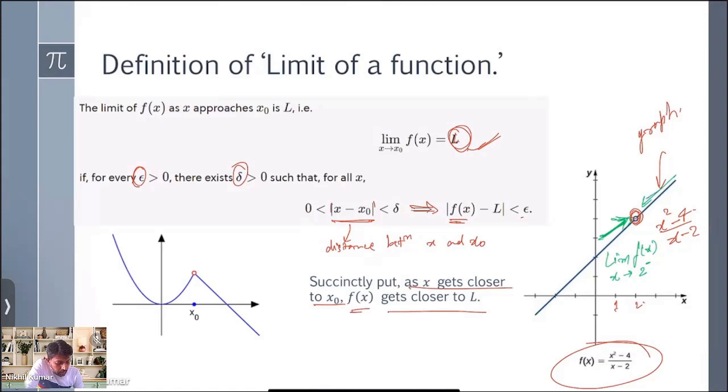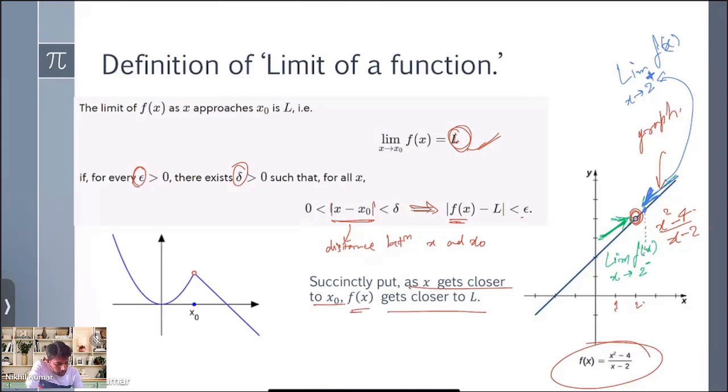Then this blue thing represents the limit of f of x when we approach 2 from the right side. So 2 plus means slightly bigger than 2, when we are approaching from here.